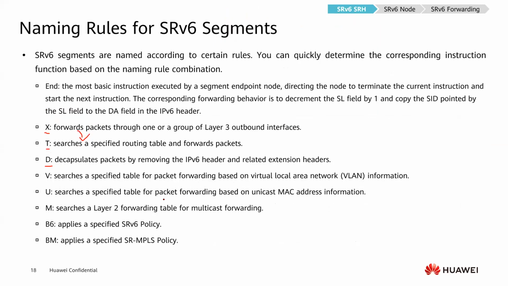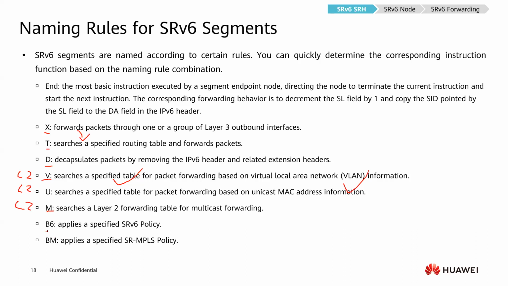So this is what D means. We also have something else like V, for virtual. I should specify a routing table and, based on the VLAN information, do the forwarding. This is for layer 2 VPN. U is the same, also for layer 2 VPN. M is for layer 2 multicast.